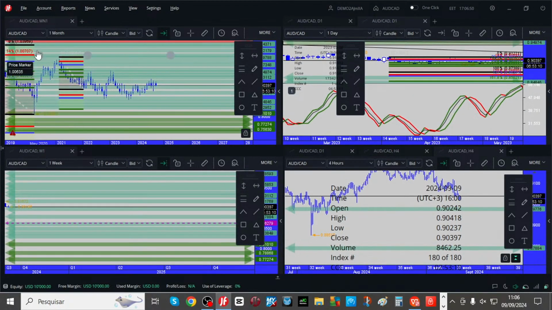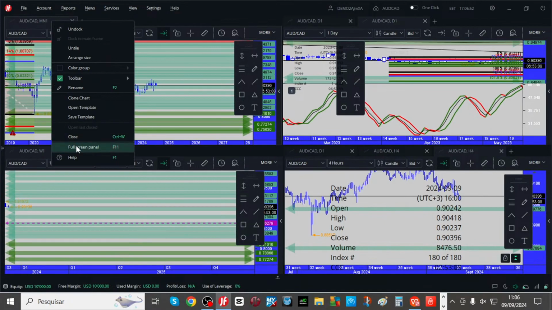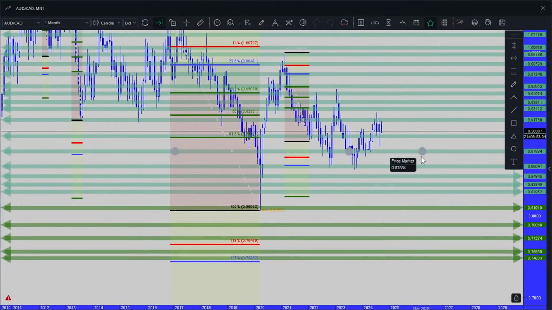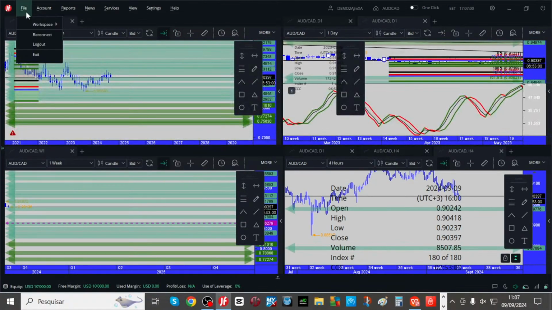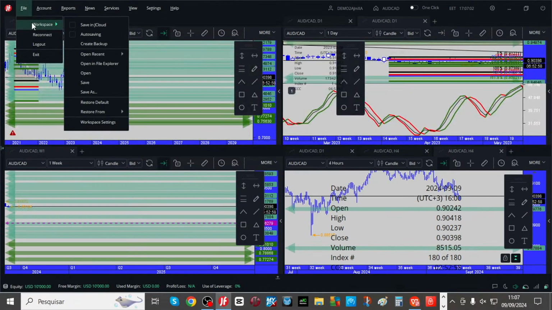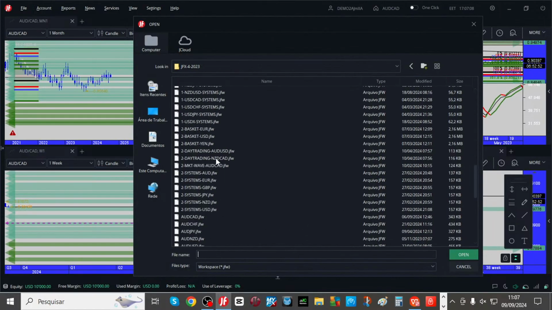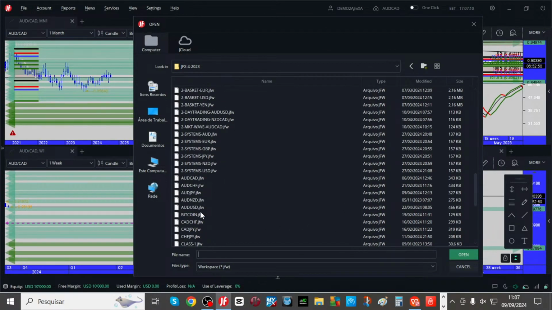Okay, everybody, those are the charts. Okay, finally, we are on the platform, and we need to find how to trade support in a downtrend. Let's open, everybody, AUD USD.